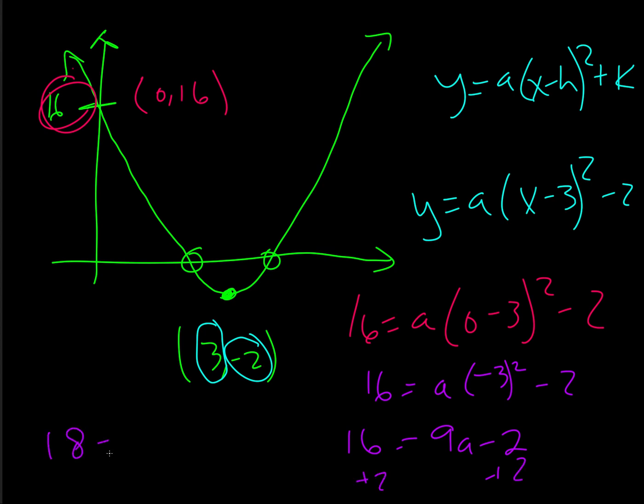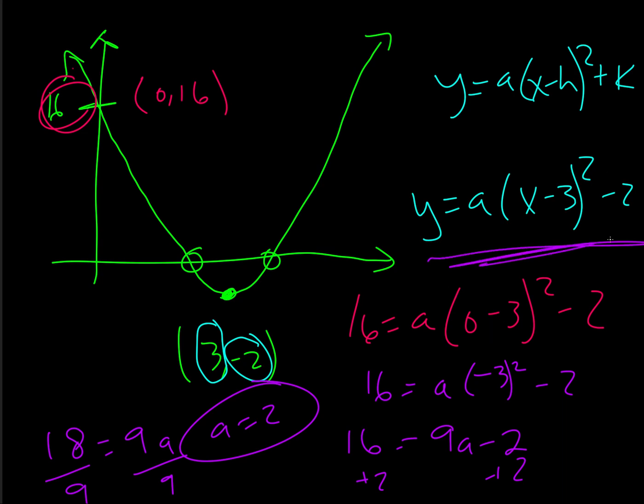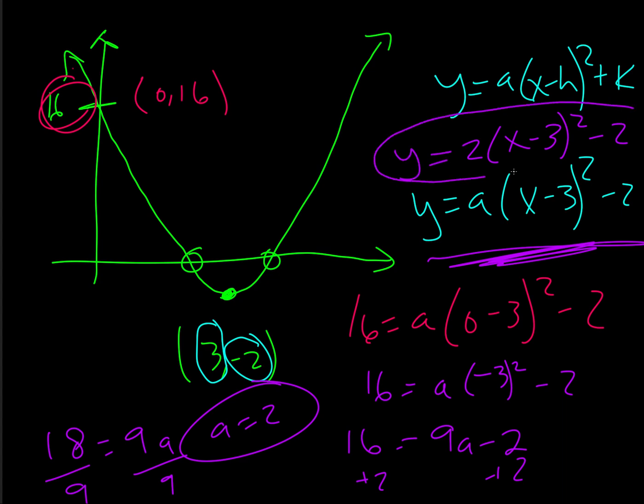So we get 18 equals 9a, divided by 9. And so a equals 2. That seems to be showing up a lot. Okay, so now we come back to this. We just plug in a 2 for our a. And that is the equation of that green graph.